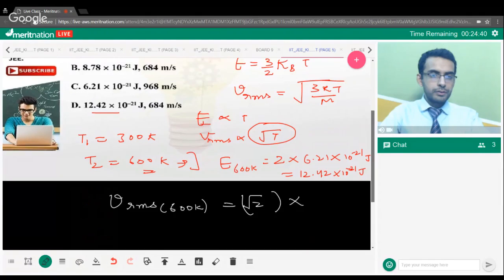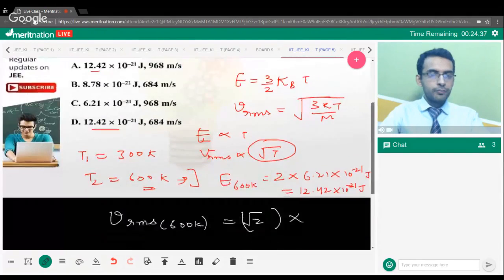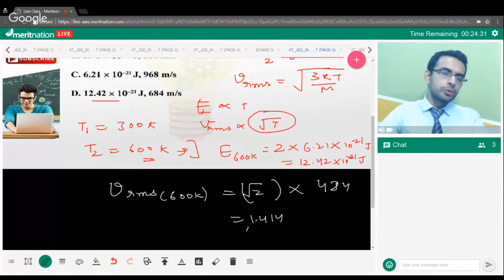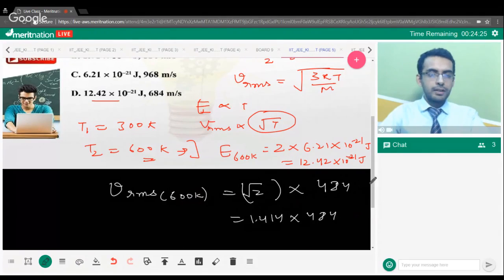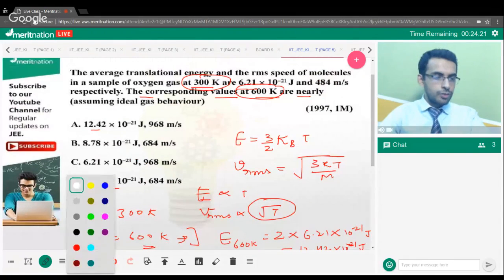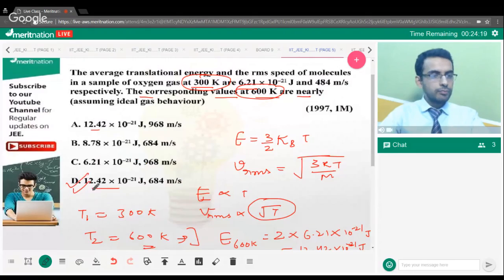What is the given value? It's 484 meter per second. And root 2 is 1.414. It's less than 2 but greater than 1. So according to that, the best and closest answer is D. So D is the correct answer.